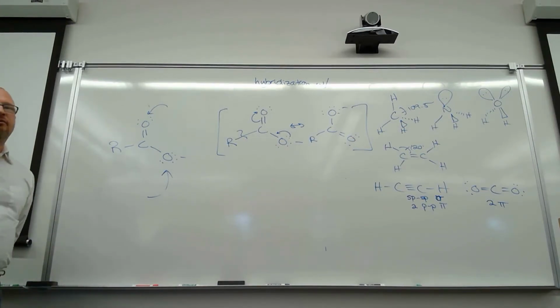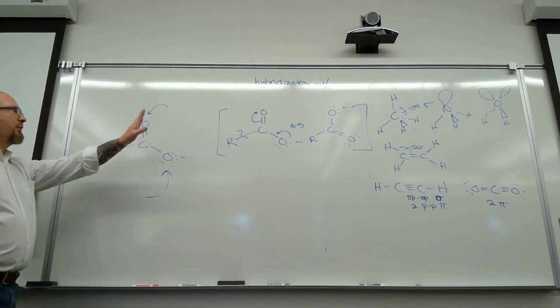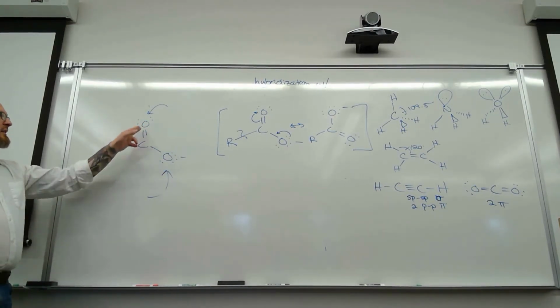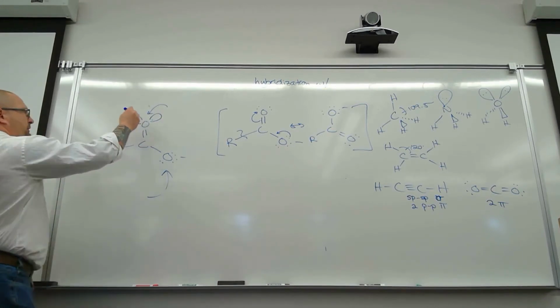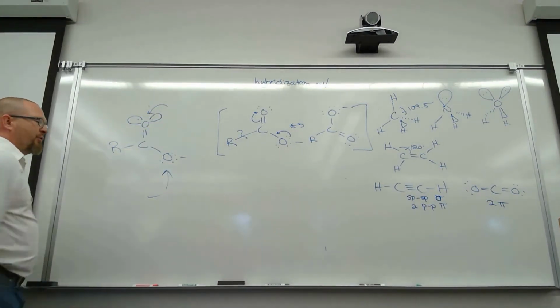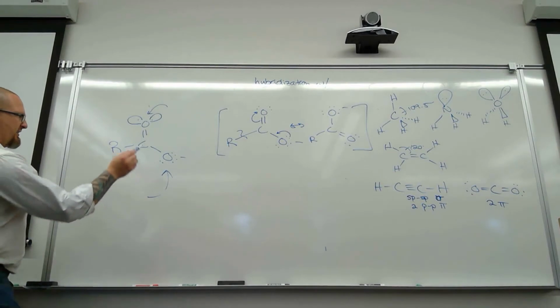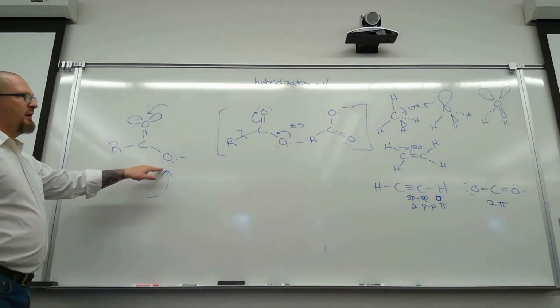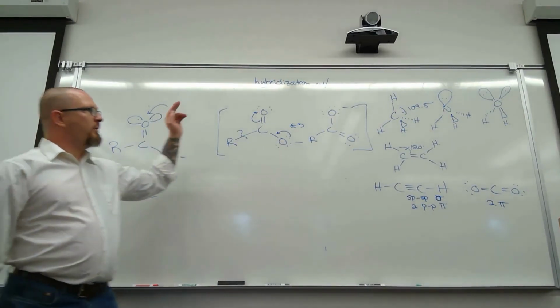Your gut reaction after this last part of the lecture would be, well, that has to be sp2 because it has a double bond and its electron groups are trigonal planar, and this one's got 4 electron groups and is tetrahedral and has a single bond, so this has to be sp3. But you'd be wrong, because this has double bond character as well.